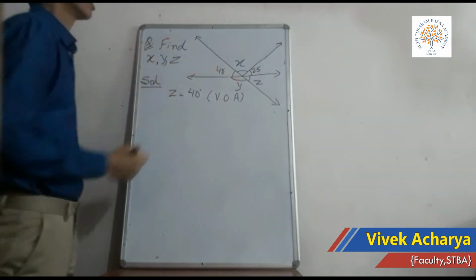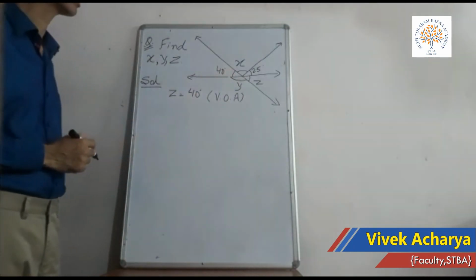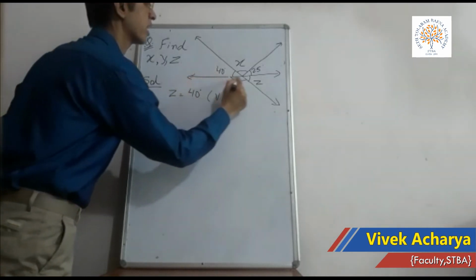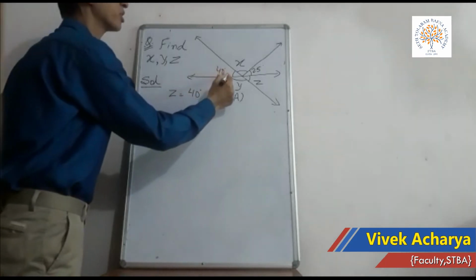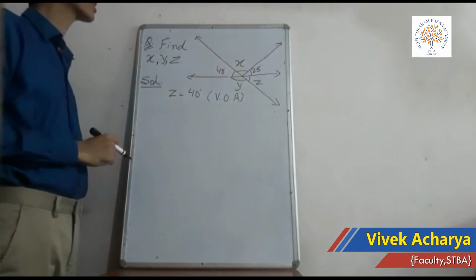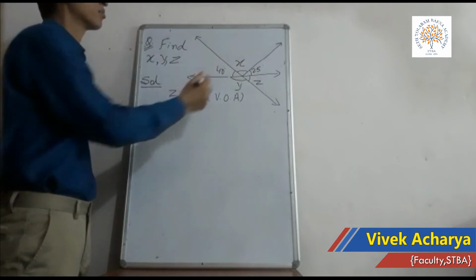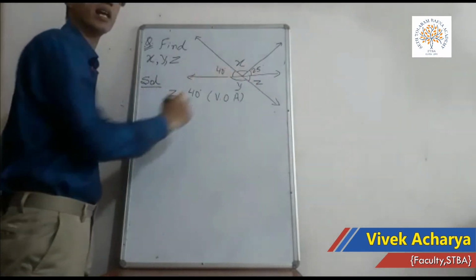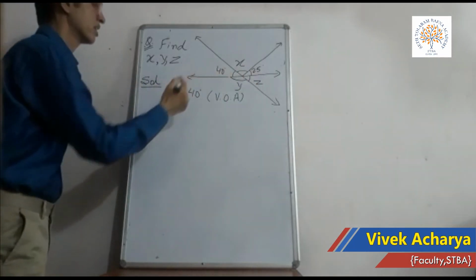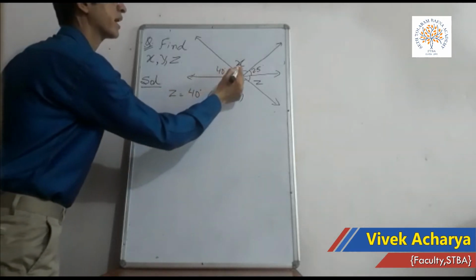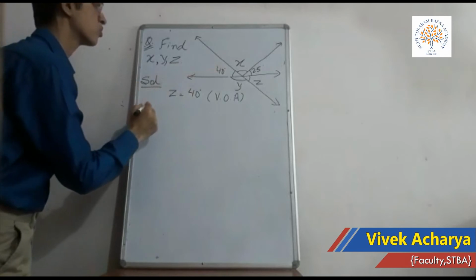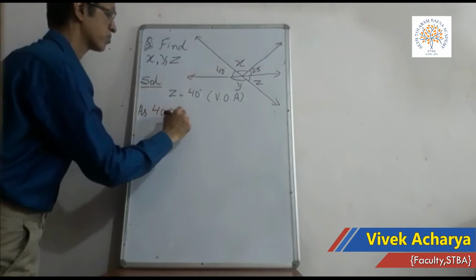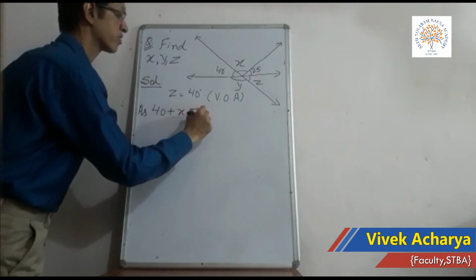To find angle x, this is a straight line, and three angles are forming on it. On a straight line, if many angles are forming, the sum of all angles is 180 degrees. So on this line, 40 plus x plus 25 is equal to 180 degrees, and the reason is straight line angle.